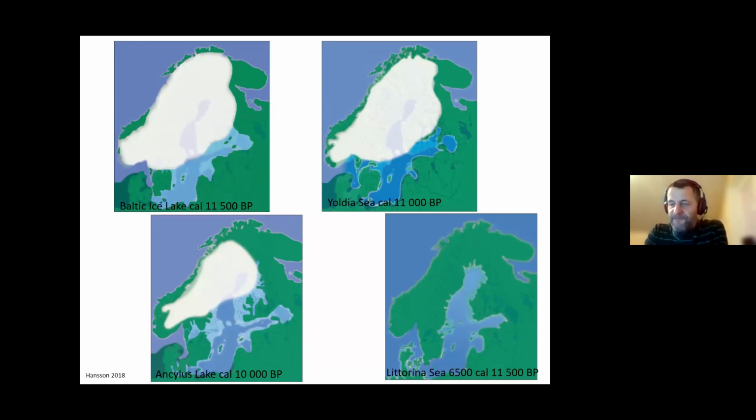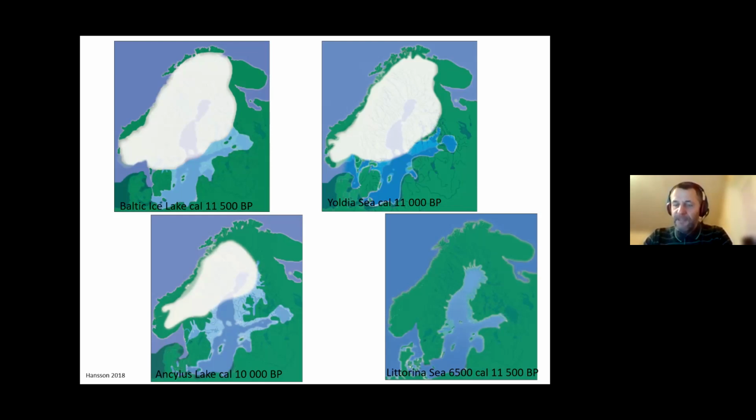This is a very brief history slide, indicating that the Baltic Sea has been in different configurations, shapes and environmental conditions in previous times. The formation of the Baltic Sea started about 14,000 years ago, when ice started to melt on the Scandinavian ice cap, and the first Baltic Sea, called the Baltic Ice Lake, was very cold and totally fresh.